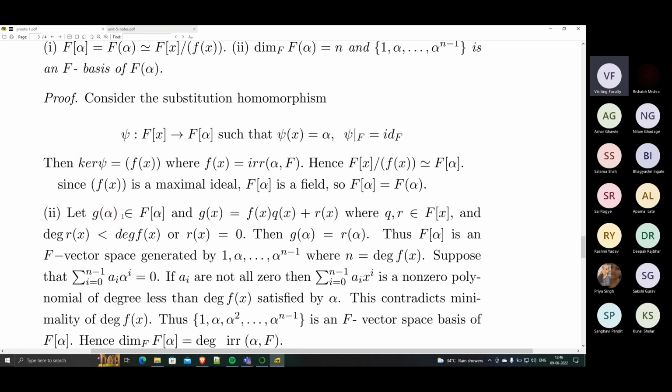Now divide this by the minimal polynomial of alpha. So g(x) is f(x) times q(x) plus r(x), where q(x) is the quotient and r(x) is the remainder. But what is the specialty about the division algorithm? The degree of r must be less than the degree of f, the monic polynomial, or else it should just be zero.